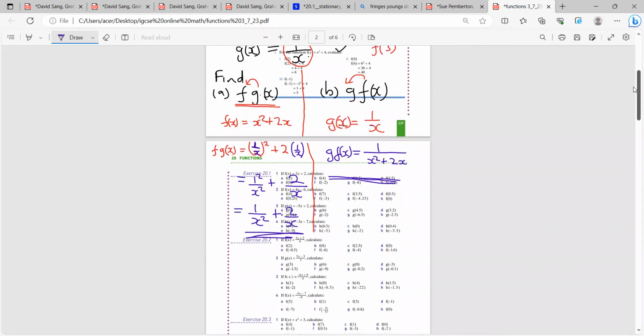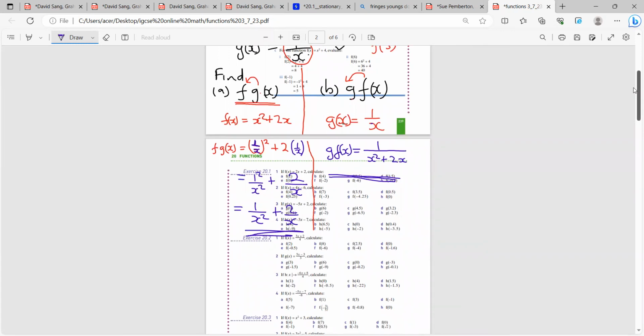And bear in mind that you can have a hybrid case where you have this case 3 and then case 2 again. They might say find g of f of x is equal to 2. So you need to find g of f of x first, and then you equate it to 2, and then you solve.